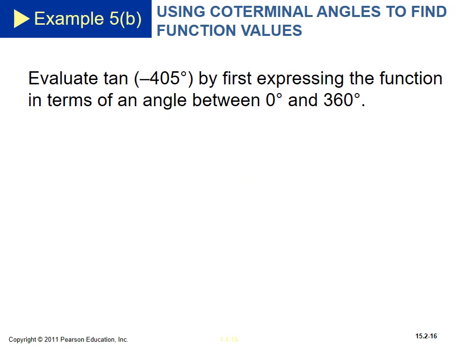Evaluate the tangent of negative 405 degrees by first expressing the function in terms of an angle between 0 and 360. So this will be a clockwise angle. So the tangent of negative 405 is equal to the tangent of negative 405 plus, because we want to have a smaller value here, 2 times 360.